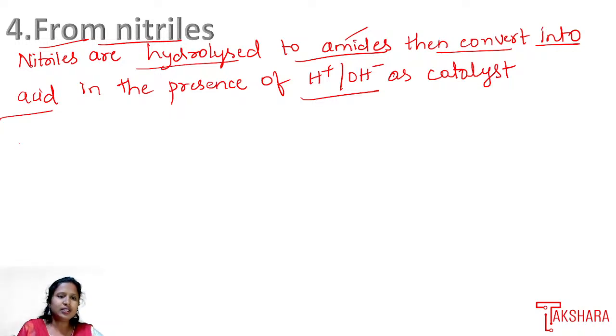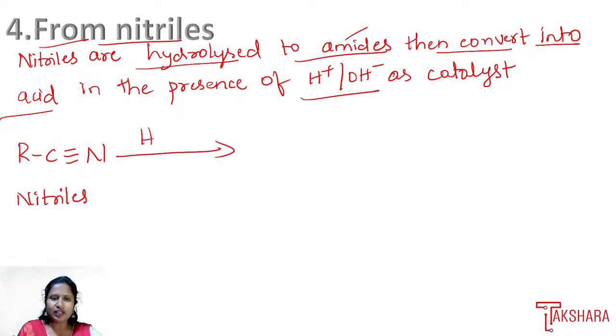First, let us write the general equation. RC triple bond N is what? Nitriles. When nitriles are hydrolyzed in the presence of water, H plus and OH minus are there.